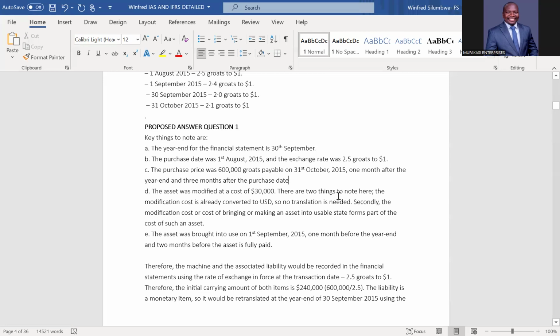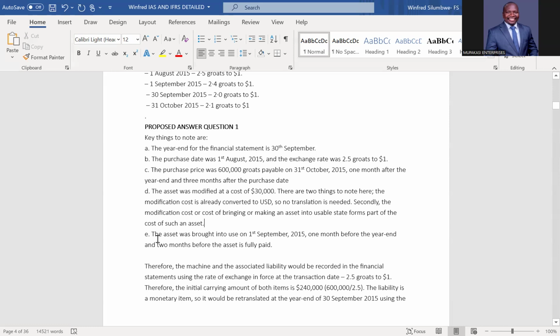There are two things to note in this one. One, the modification cost is already in US dollars, so no translation is needed. Secondly, the modification cost, or cost of bringing an asset into a usable state, forms part of the cost of an asset. I'm sure you know that initial recognition recognizes the asset at cost, and all these costs that are relevant to bring an asset into the state to be used are part of that.